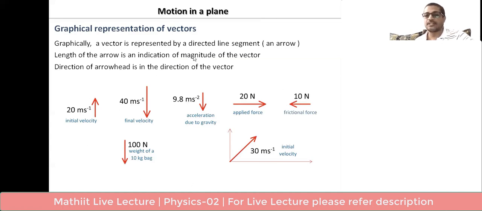Here are various examples for this. Initial velocity of a body which is thrown up with a velocity of 20 meters per second. Final velocity of a body if it is coming down with a velocity of 40 meters per second. Acceleration is always in the downward direction, value is 9.8.